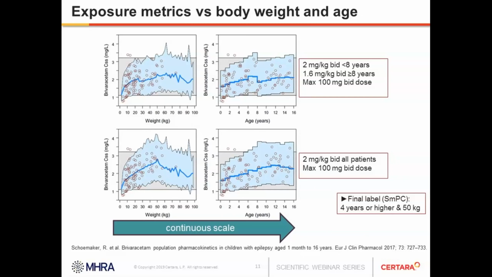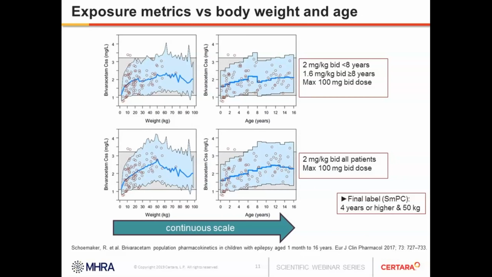The blue line shows the median simulated pediatric steady state concentration, and the blue area includes 90% of the simulated patients. The grey band is the simulated adult patients receiving 100 milligrams twice a day. So, as has been asked, the relevant predefined exposure metric should be presented graphically versus body weight and age on a continuous scale.